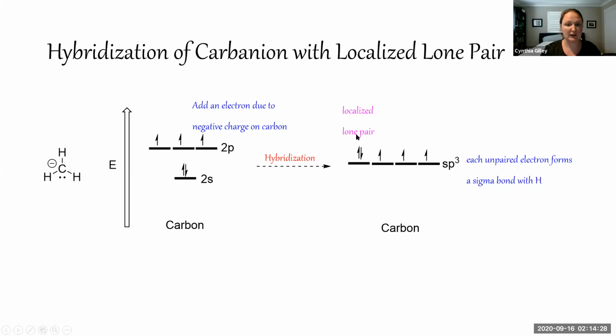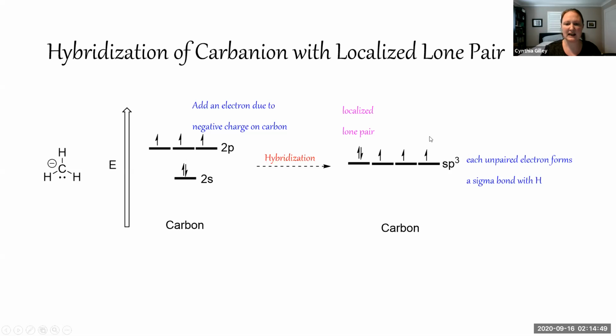So we do have a lone pair, and that lone pair exists in an sp3 hybridized orbital. So that's important to recognize, that there's a lone pair of electrons, which matches the structure over here. We understand what orbital it's in. It's in an sp3 hybridized orbital.